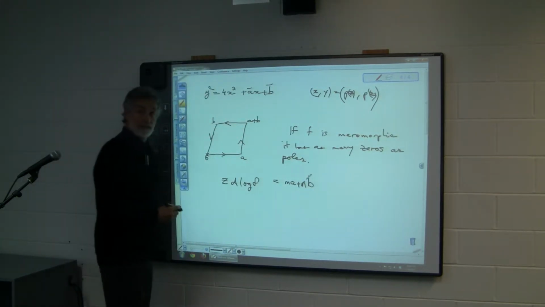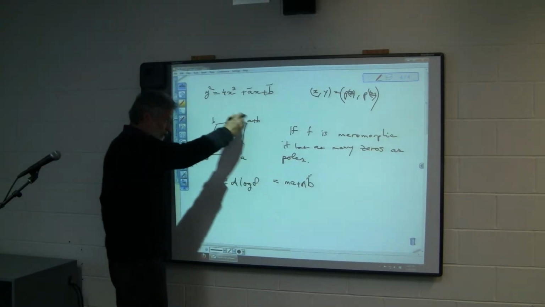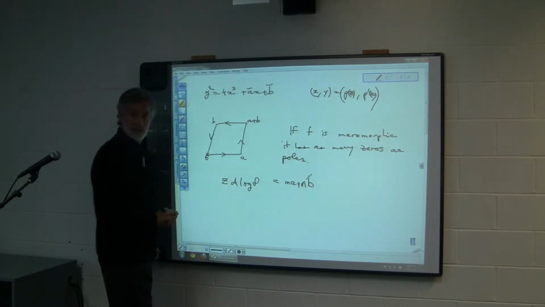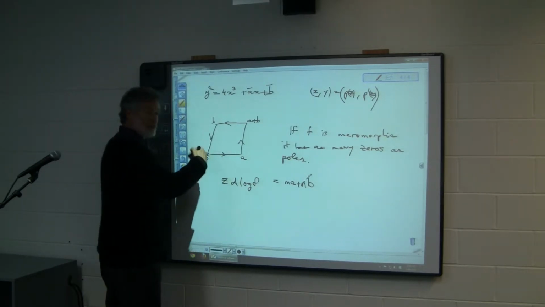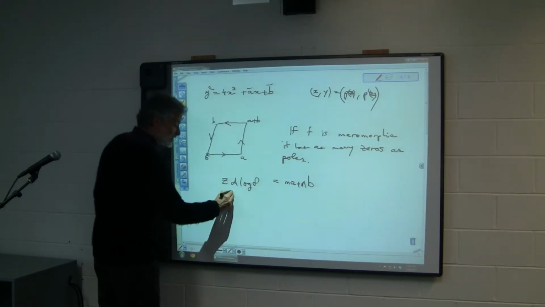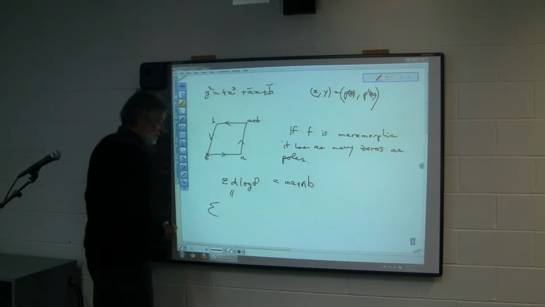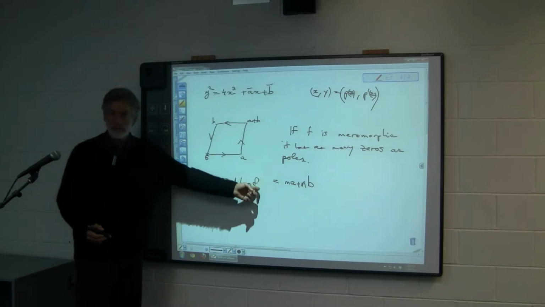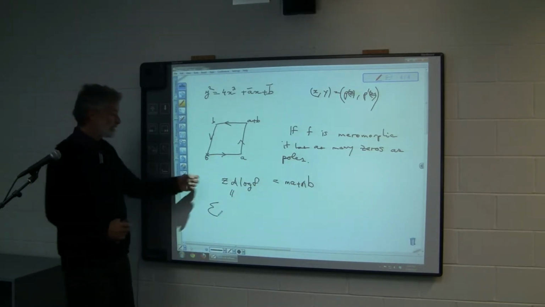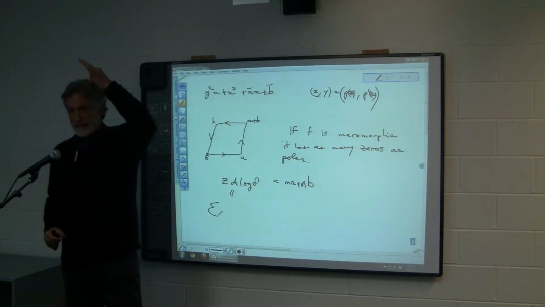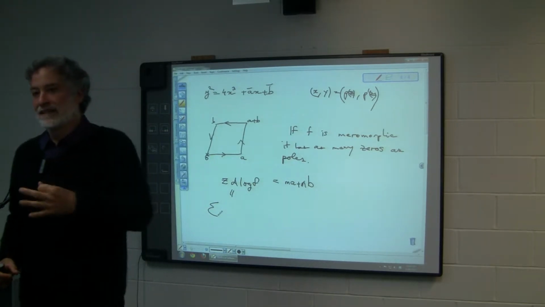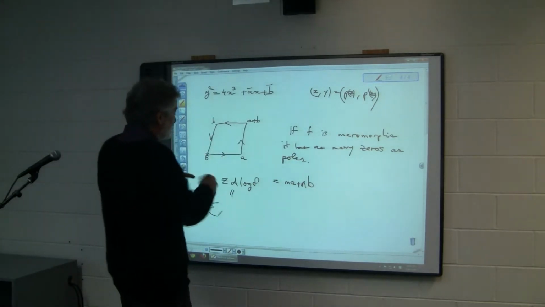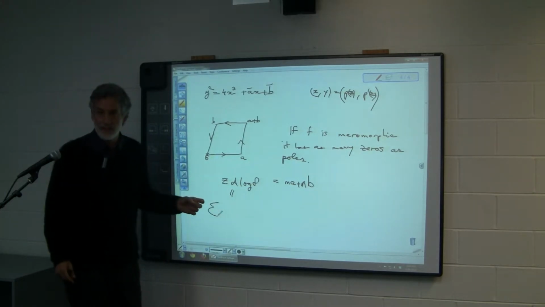On the other hand, this is what you get if you integrate around the rim. And if you sum the residues on the inside, 1 over 2 pi i times the integral is equal to the sum of the residues. And we computed what the residues are. So the residues are n at every point where, if f is holomorphic, this contributes 0, there's no residue.